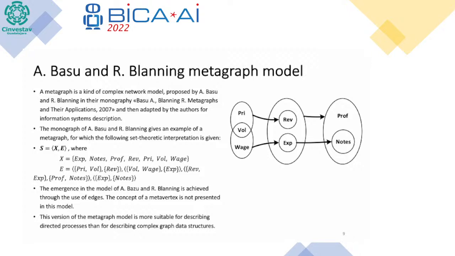X is a generating set of the metagraph, a set of elements, and E is a set of edges. The concept of metavertex is not presented in this model. This version of the metagraph model is more suitable for describing directed processes than for describing graph data structures.